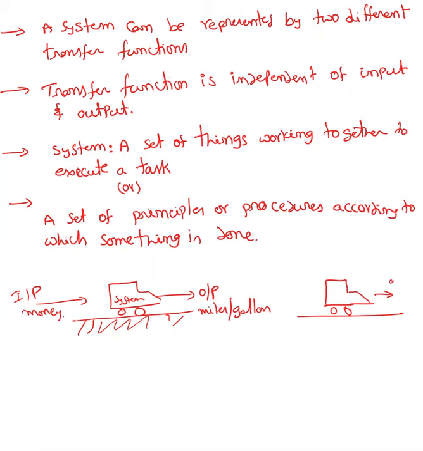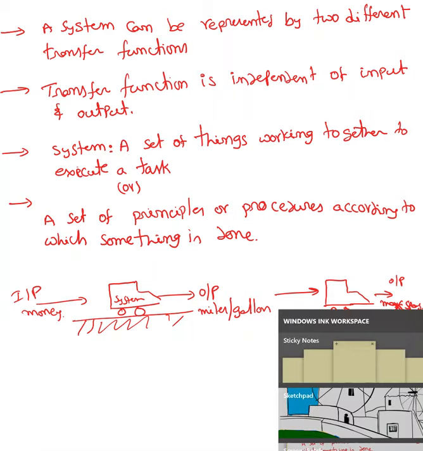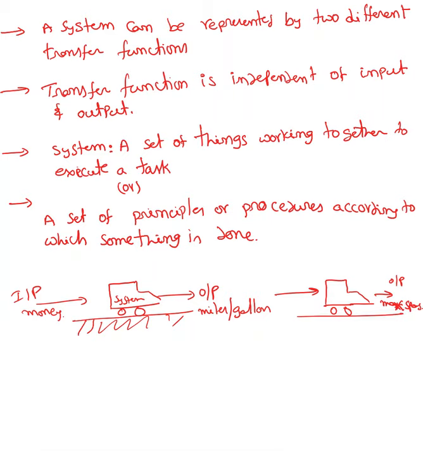Your output is maximum speed. Your input is probably that you don't want to fill the gas often, so you want a bigger gas tank, so you can take gas as your input.